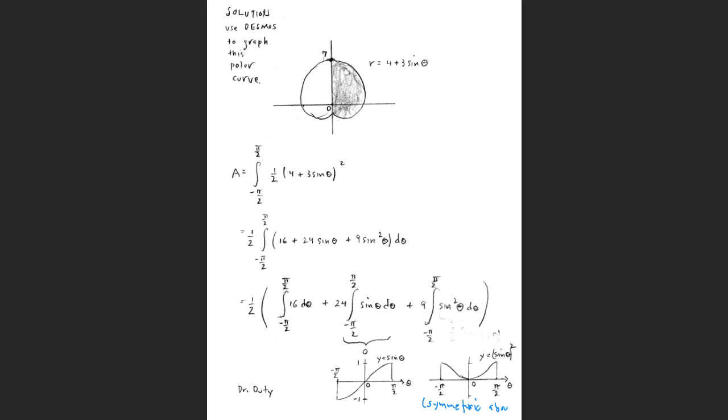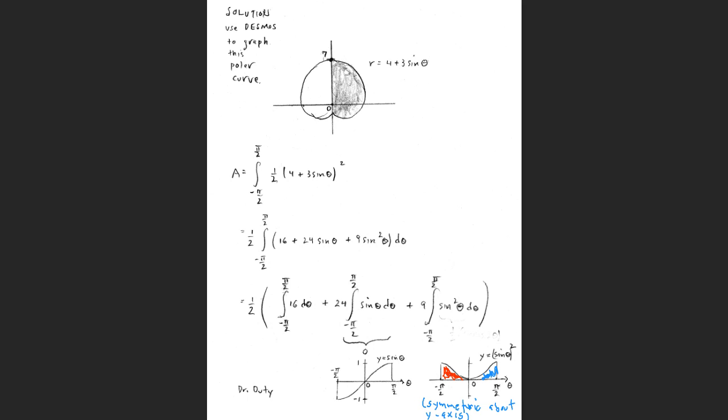You have to forgive me, I don't want to rush, but I do want you to get your break here. This graph is symmetric about the y-axis, so this positive area and this positive area are the same. In other words, this area here and this area here are equal.